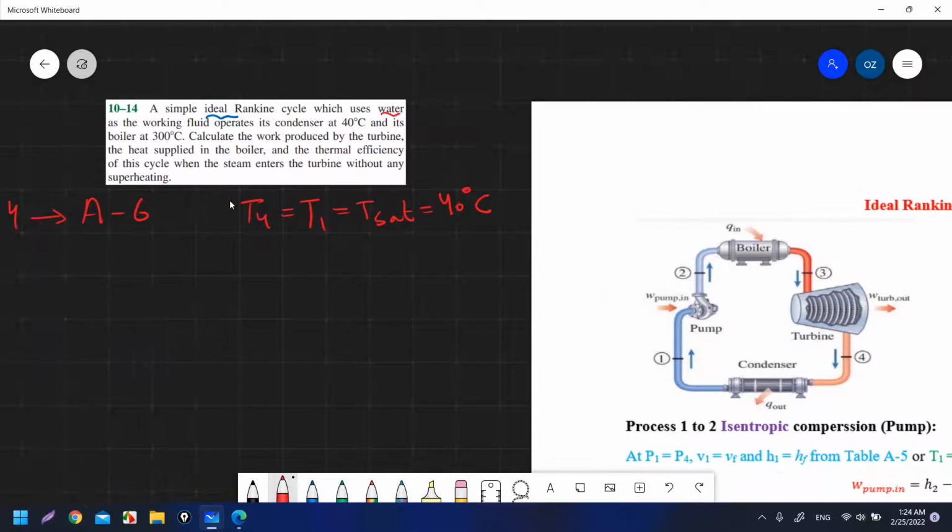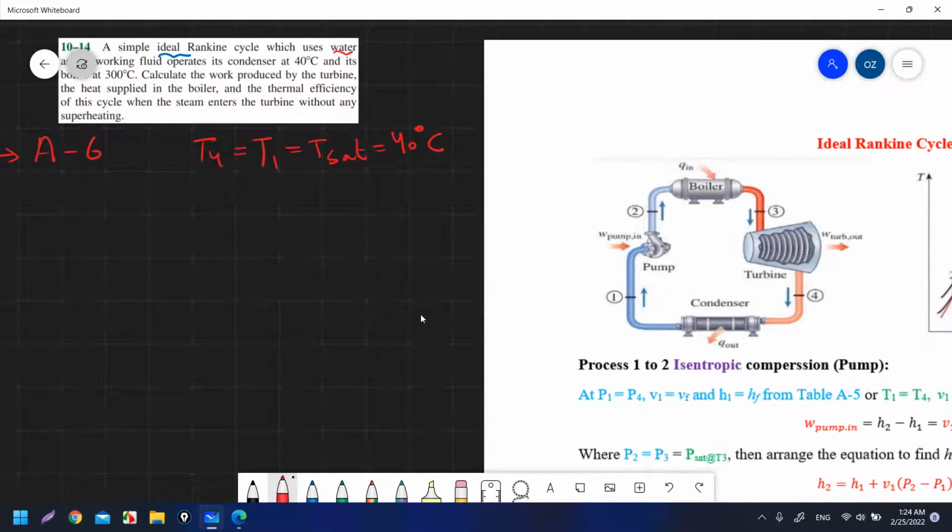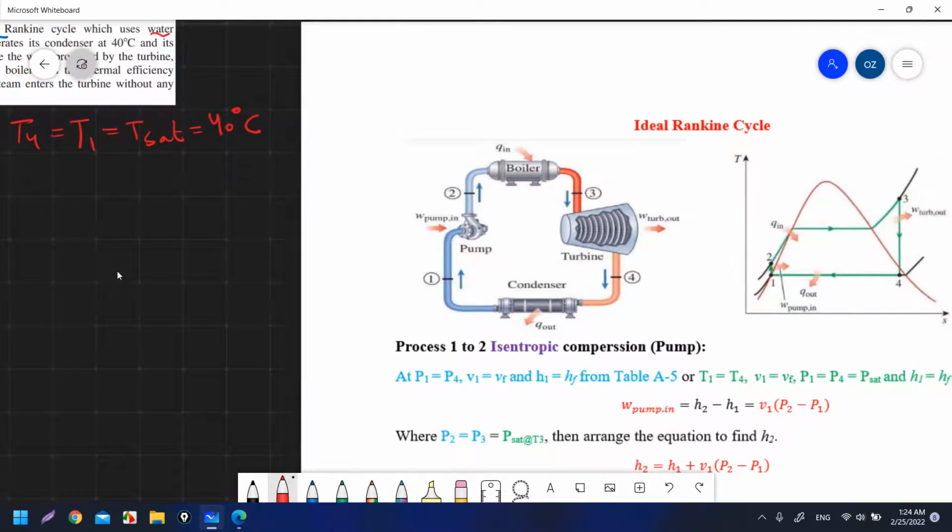But here he didn't mention which one for the boiler, T2 or T3. It is T3. How can you know it is T3? First thing, T2 is here. Of course, he will not say 40 at state 1 and then 300 at state 2. Of course, it would be different. So T3, it is reasonable if it is 300 degrees Celsius.